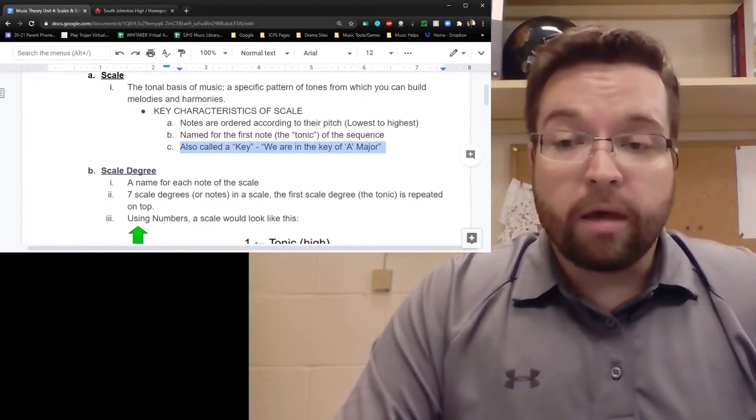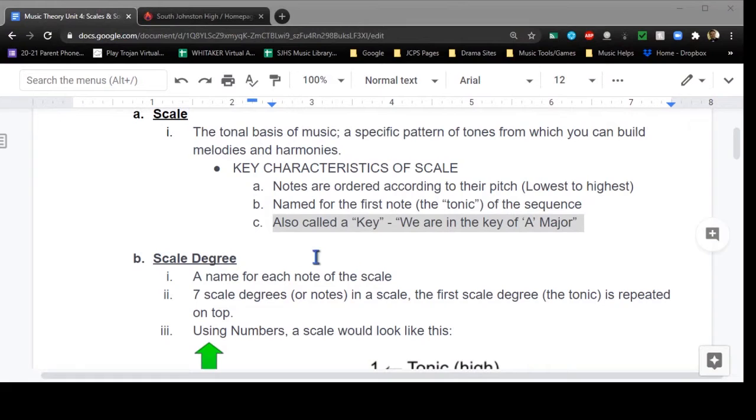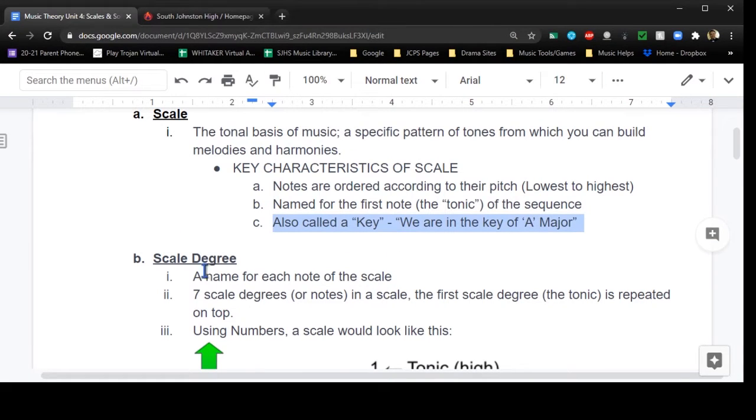Now, each scale consists of scale degrees. Those are the individual notes, the individual pitches.